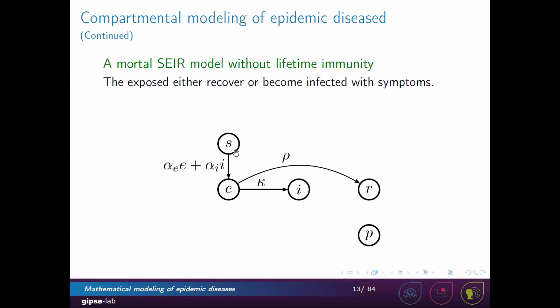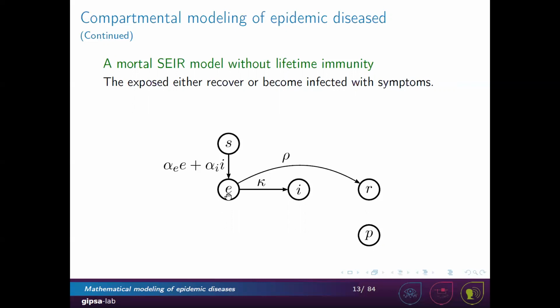Okay, now when we have people who are exposed to the illness, they recover with a constant rate. As you can see, the rate of recovery has been considered to be a constant factor, which is not related to any of the populations. It's just a matter of time for people who have been exposed to recover.